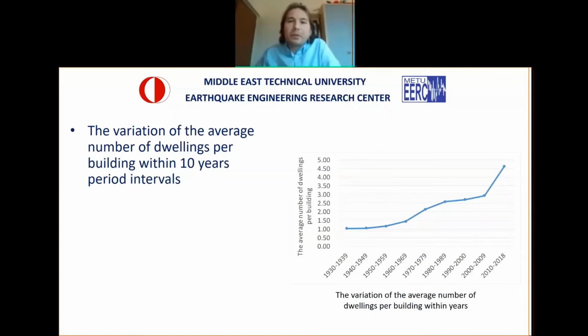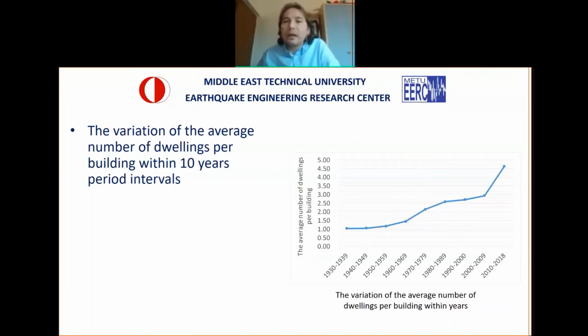Finally, the building stock in Izmir can also be investigated in terms of the variation of the average number of dwellings per building within 10-year intervals. That will give us information about the building height, the number of stories, because usually there is a positive correlation between the number of dwellings in each building and the number of stories.